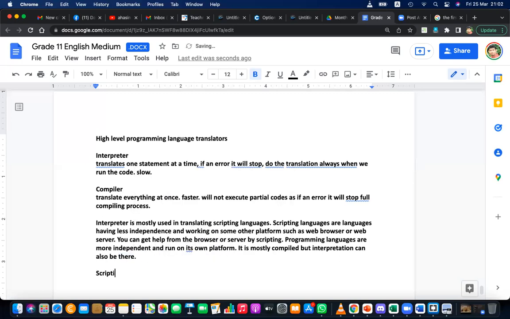Scripting languages, you can say PHP, Python is scripting, VB scripting, JavaScript.